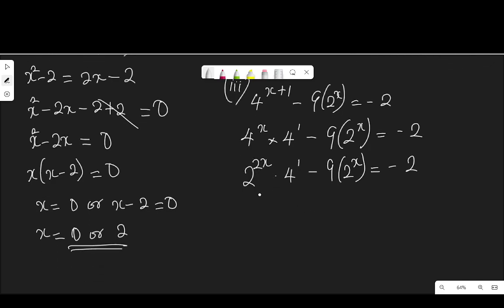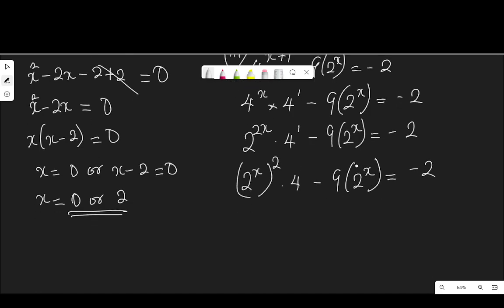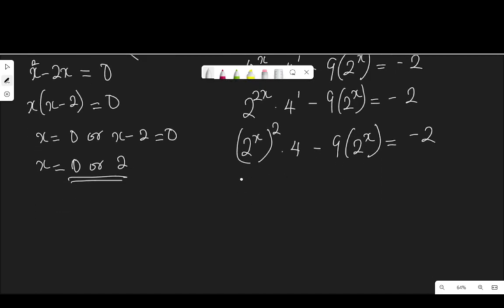And this first term, I can write as 2 to the power of x, then to the power of 2, multiplied by this 4, and minus 9 times 2 to the power of x, equal to negative 2. Since I have 2 to the power of x here, I also have it here, so I can replace it.